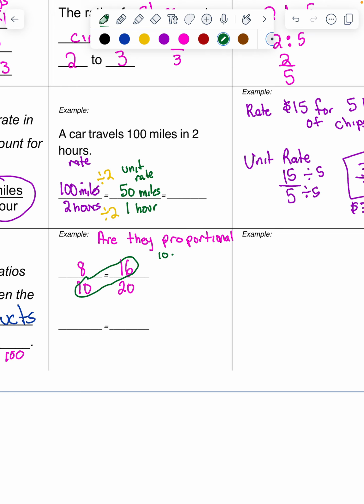So I'm going to do 10 times 16, which is 160. I'm going to cross multiply, and I'm going to go 8 times 20. 8 times 2 is 16, with it times 10 is 160. So these are proportional.